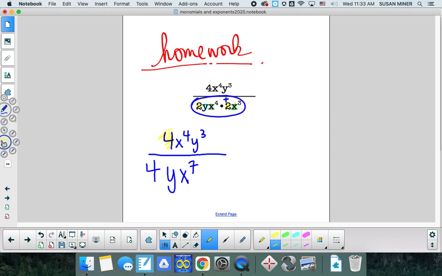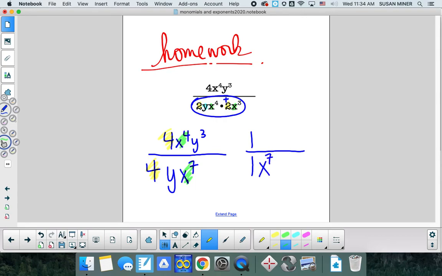I'm going to highlight my coefficients out in front. I'm going to reduce the fraction. 4 divided by 4 is just 1 over 1. Then I'm going to combine my like bases. There is an x here. There is an x here. Where are there more x's? In the denominator.